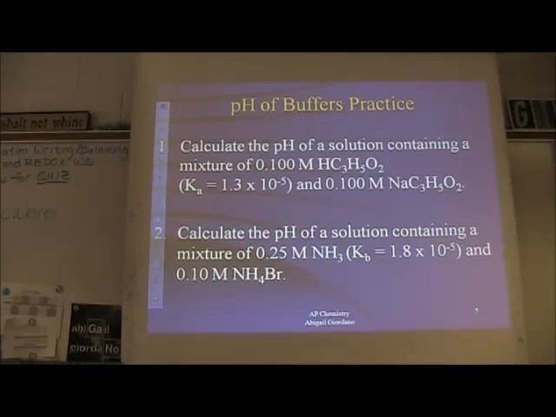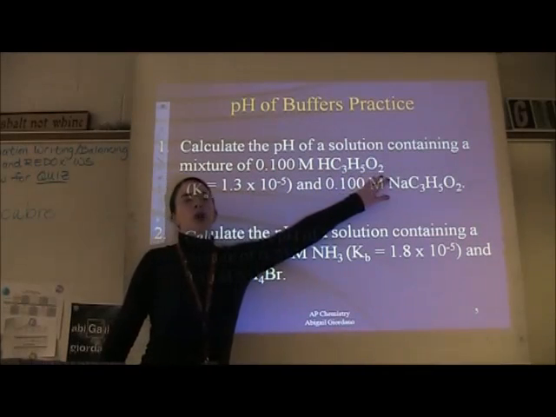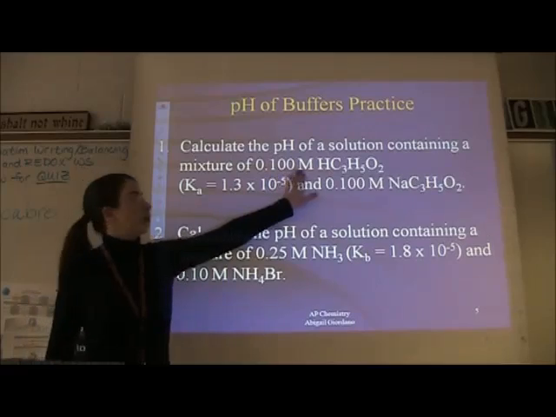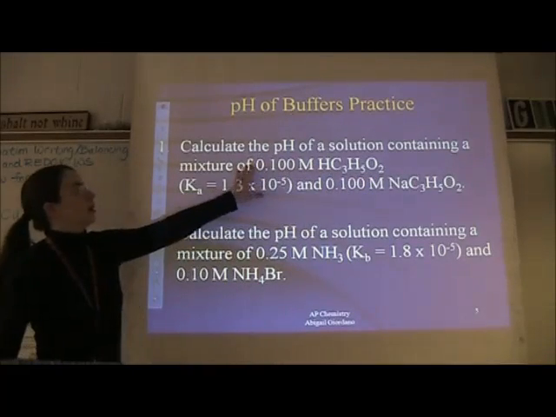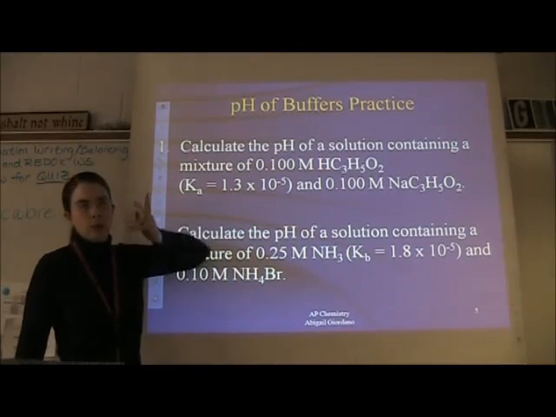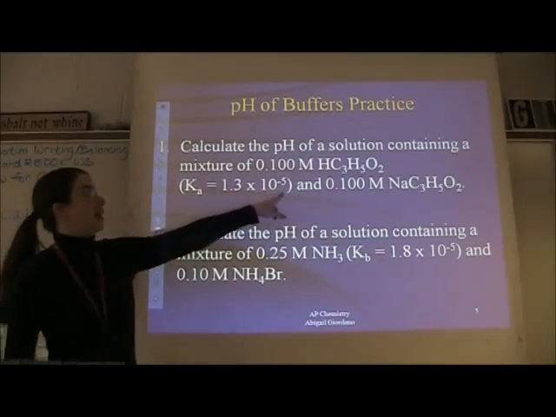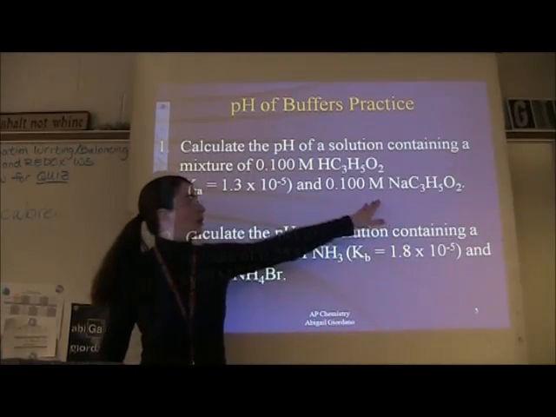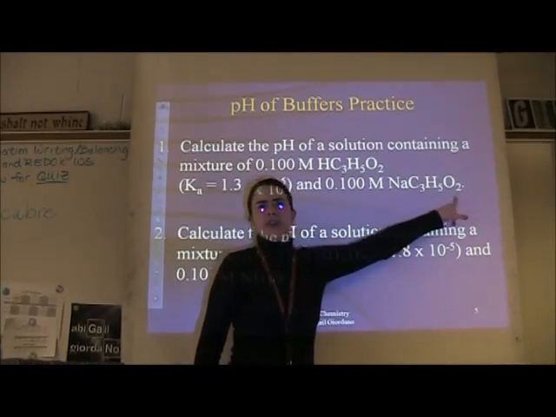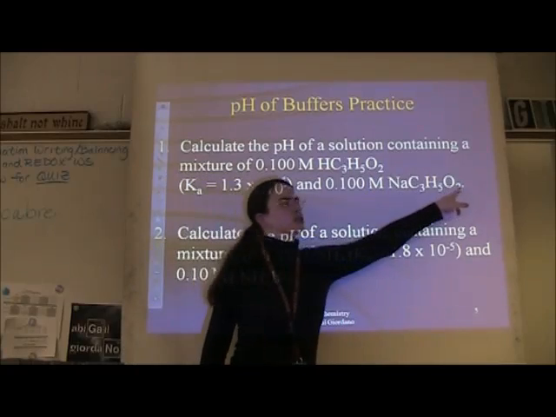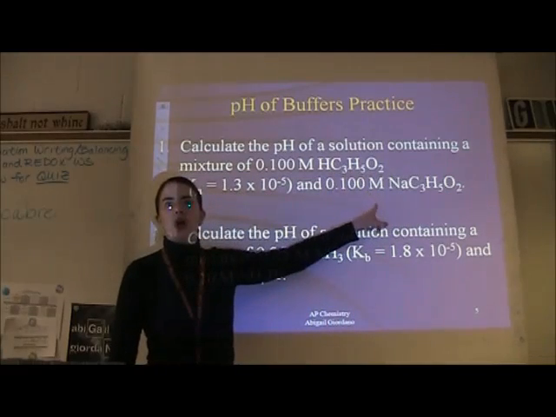Calculate the pH of a solution containing a mixture of, this is called propanoic acid. Okay? Strong or weak? Weak. Okay? And we've got something else. What is this? Salt? Acid? Base? What is this? It's a salt.